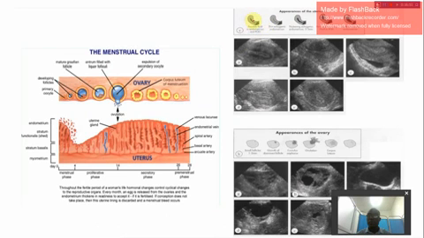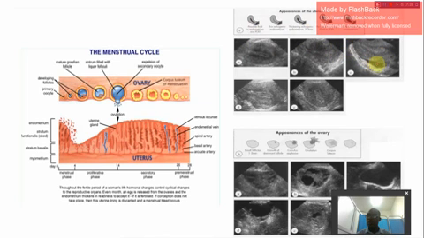So this is the premenstrual phase of the endometrium, the menstrual phase, the proliferative phase, and the secretory phase of the endometrium. So look at the images depicting these appearances. You can see this is the menstrual phase, proliferative phase, and this is the secretory phase.